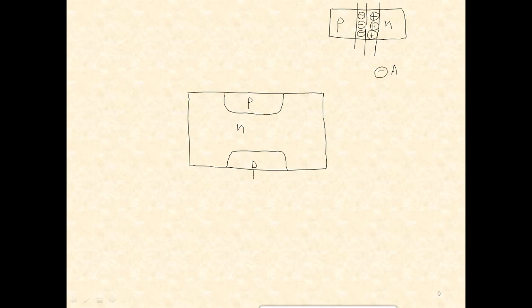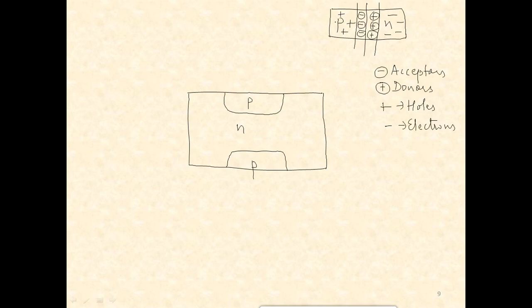So these are acceptors and these are donors. And what about the carriers present in the P region and the N region? Well, in the P region, holes are the majority carriers, so these are holes, and in the N region electrons are the majority carriers, so these are free electrons.